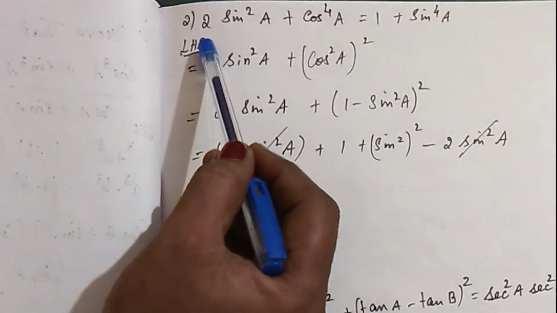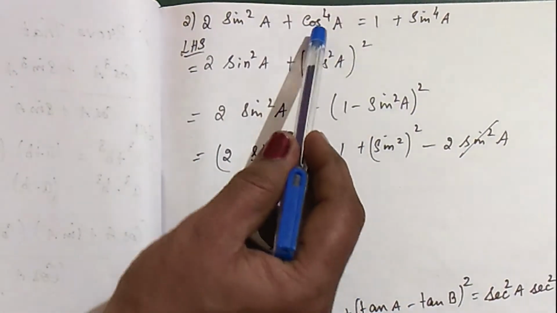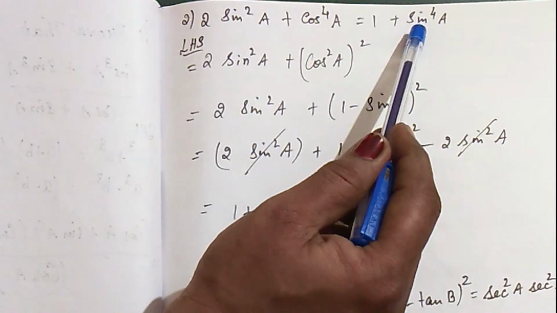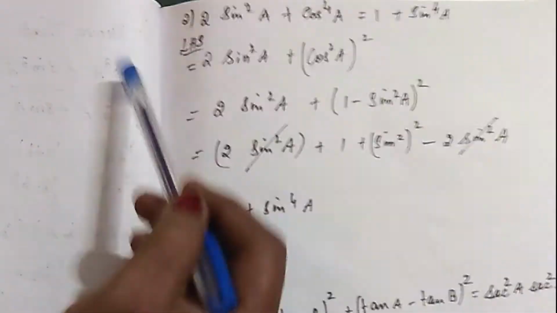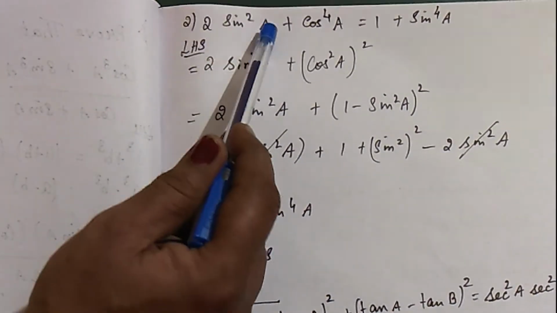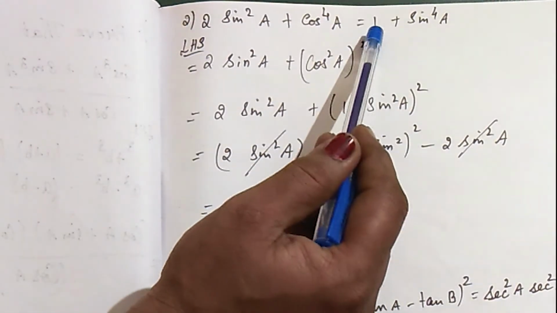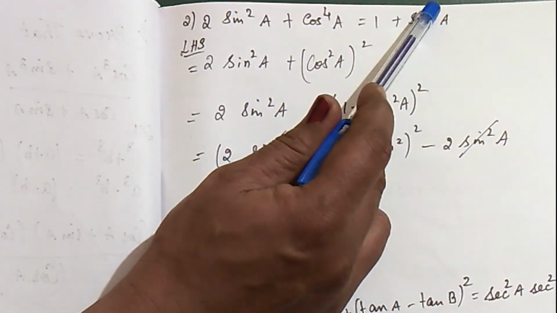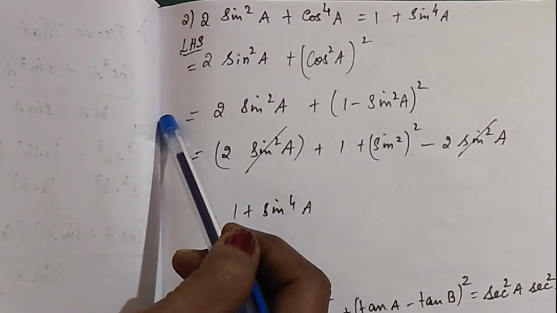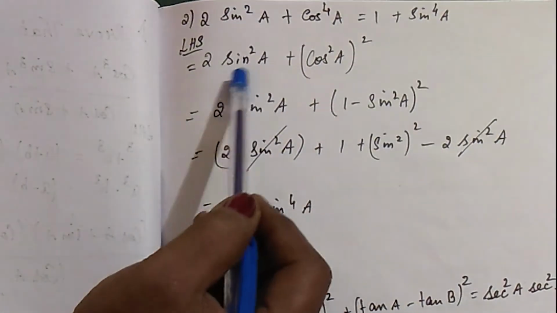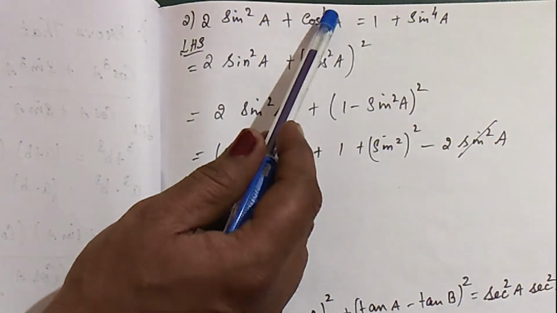Second question. 2 sin²A + cos⁴A is equal to 1 + sin⁴A. Take the left hand side: 2 sin²A + cos⁴A.